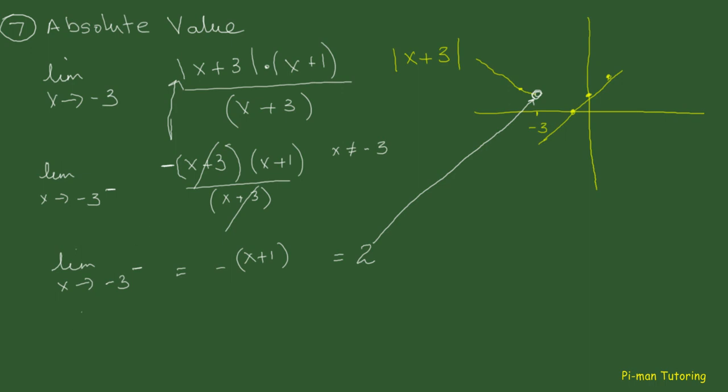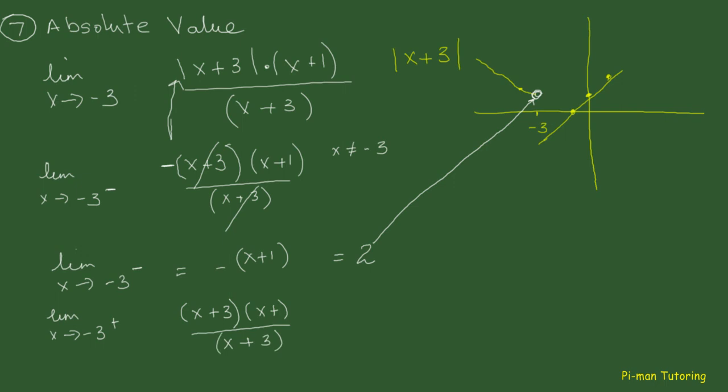Similarly, to the right of negative 3, we can say that we're looking at the limit as x tends to negative 3, but from the positive direction. Now, if we're on the positive side of negative 3, then we know that the absolute value of x plus 3 is just going to be x plus 3. The absolute value sign doesn't actually do anything in this case. And so we can finish the function like this.